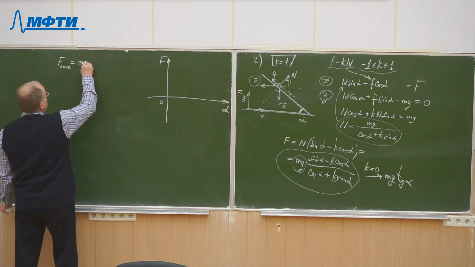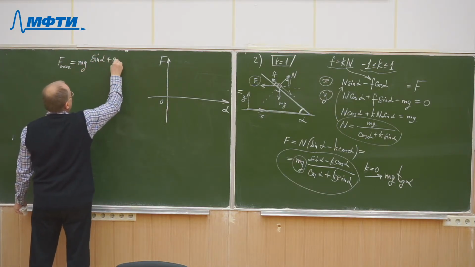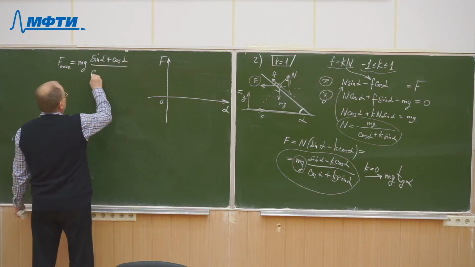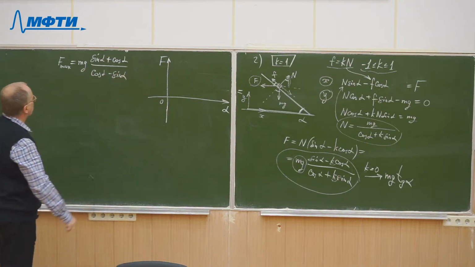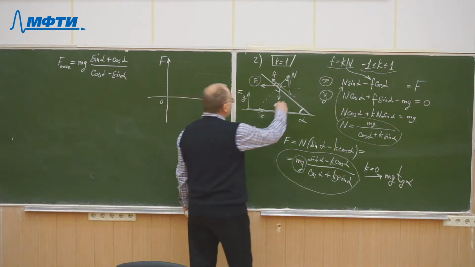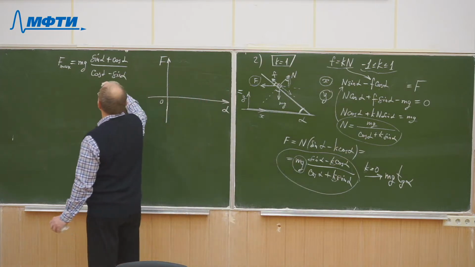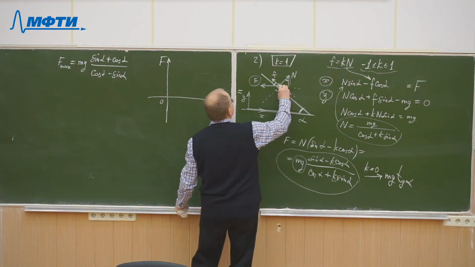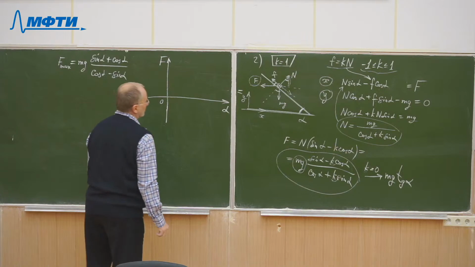That will be mg times (sine alpha plus cosine alpha) divided by (cosine alpha minus sine alpha). That is for the largest possible forces. If you increase the force beyond this magnitude, the body will start sliding upward. We don't need it.